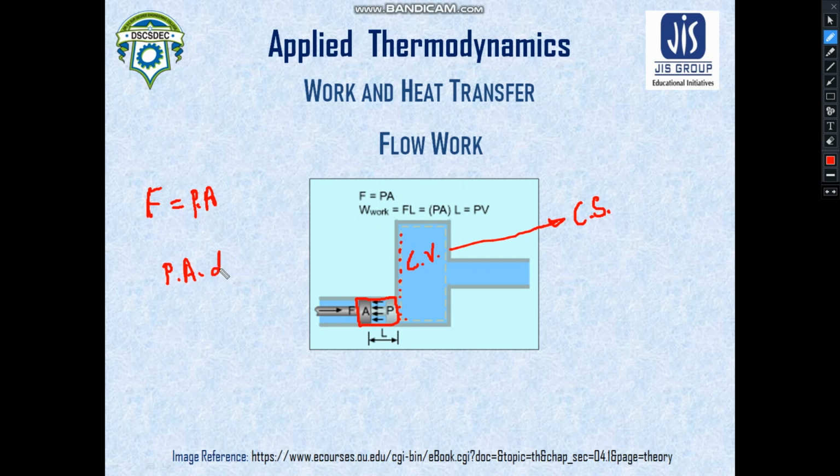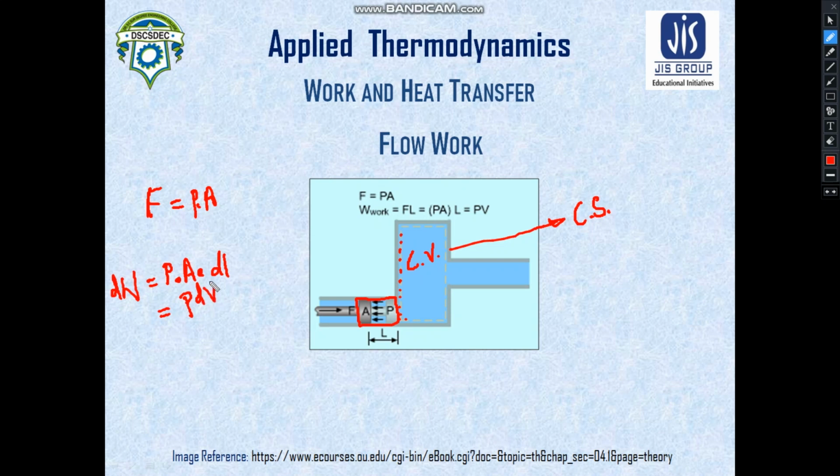This is similar to the description in the calculation of displacement work. So dw is equal to P dV.